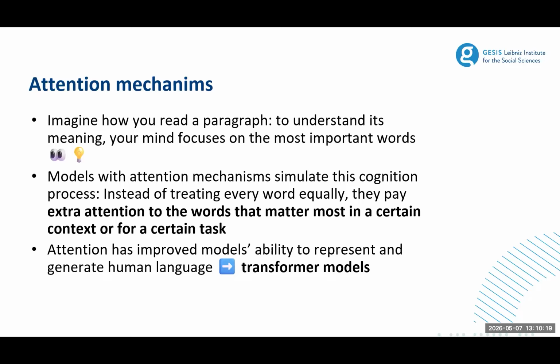And this mechanism has significantly improved the model's ability to represent and generate human language. For example, think about ChatGPT. This is a model that relies on this mechanism. The general model family that uses attention is called transformer models.